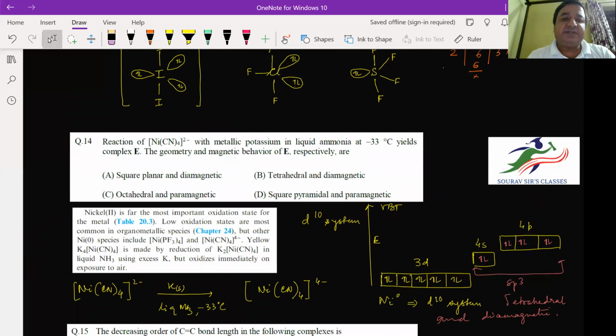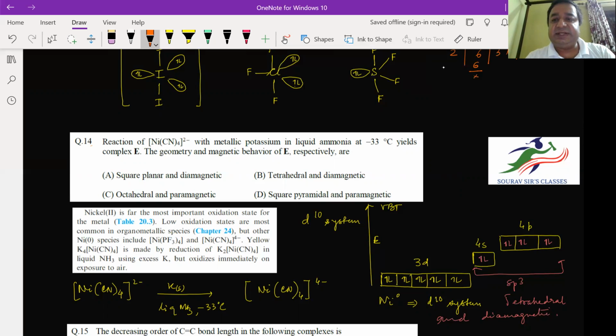Now, the given question is question number 14. Reaction of NiCN4 with metallic potassium in liquid ammonia. Potassium in liquid ammonia gives away electrons, forming a conducting liquid.